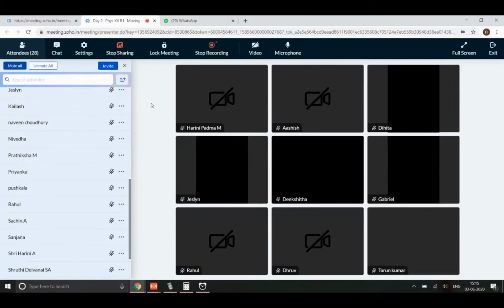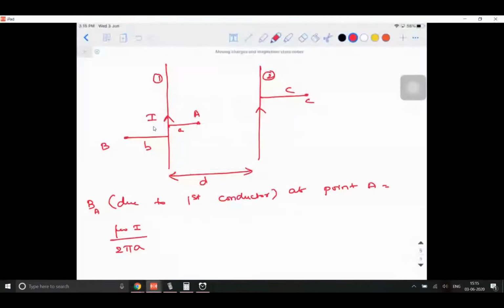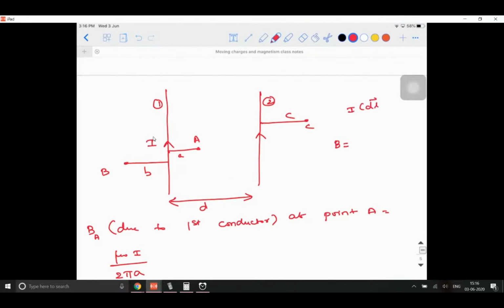Anti-clockwise is not the case. It is not minus I cap. Just try. See, how do you find the direction of B? Yesterday I told you. When you use vectors, you have I into dl vector cross r vector. So dl will take the direction of current and r vector will take the direction from the current carrying conductor to the point where you are trying to calculate the field.